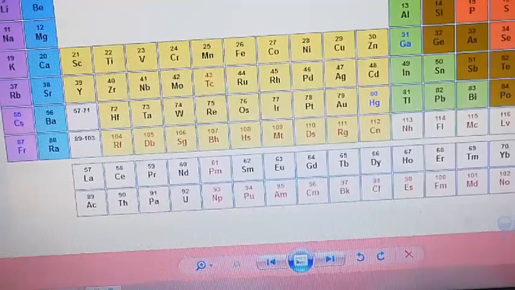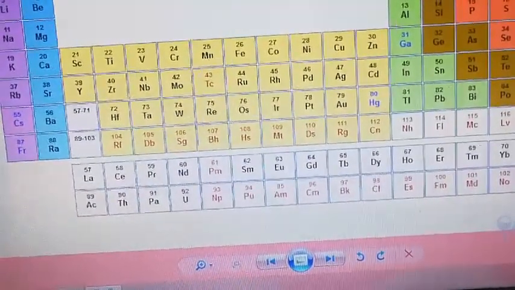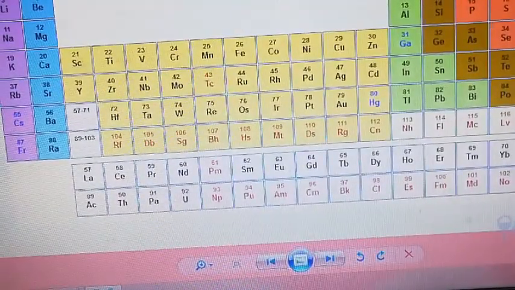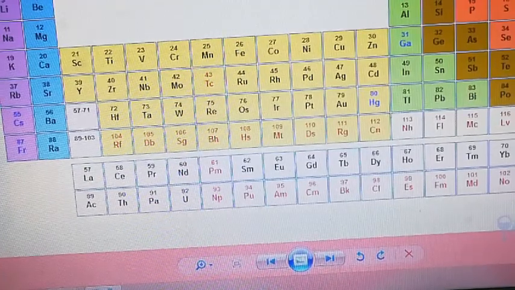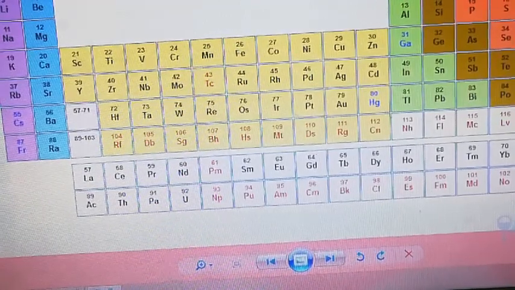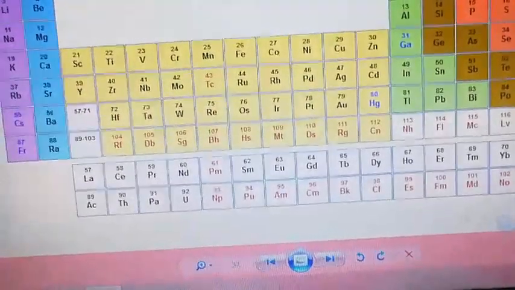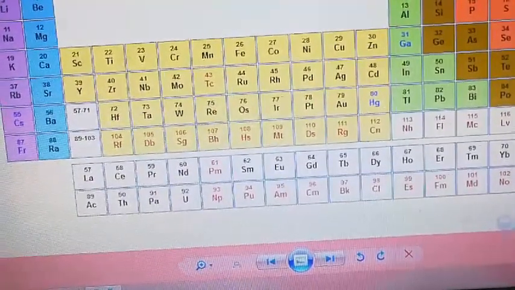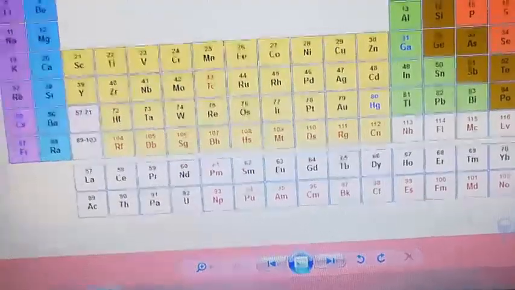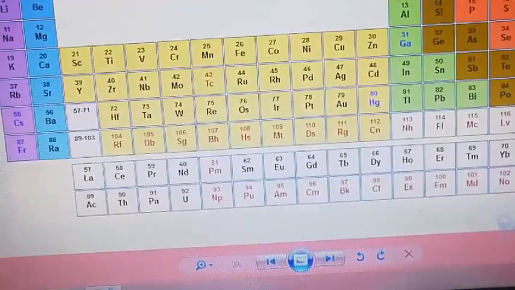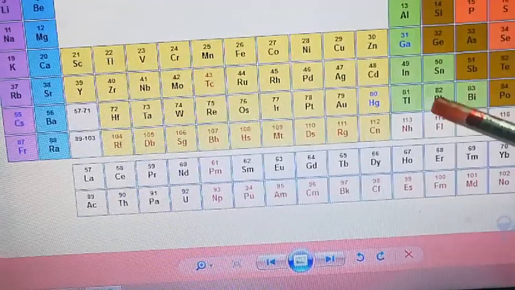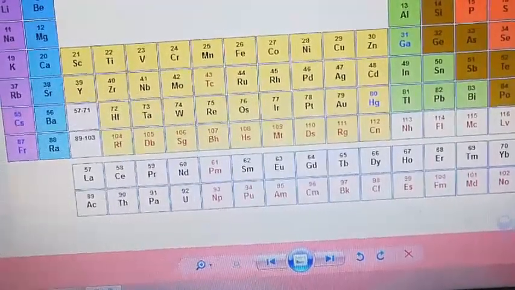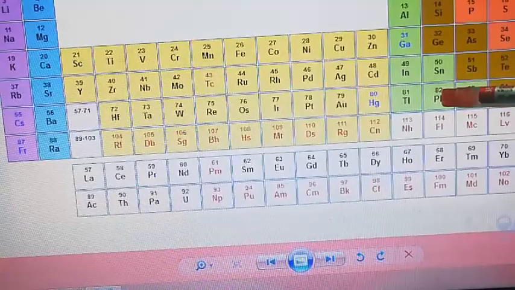Don't care about its 87 electrons or 87 protons, and we said before protons equal electrons. Don't worry about all of these things, because simply the final shell is 1. Even here, lead, for example. Lead is in group number 4, so it has 4 electrons in the outer shell.